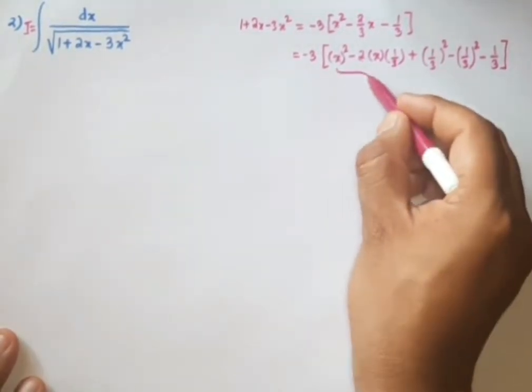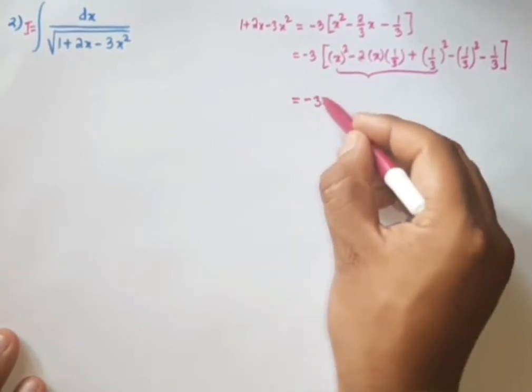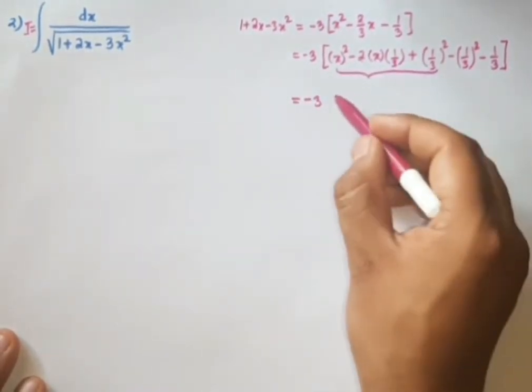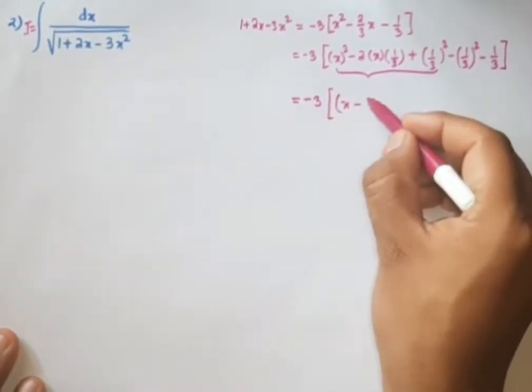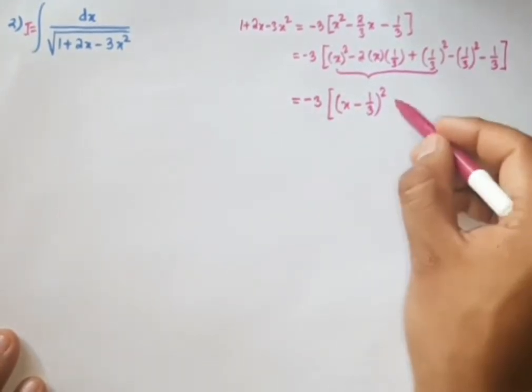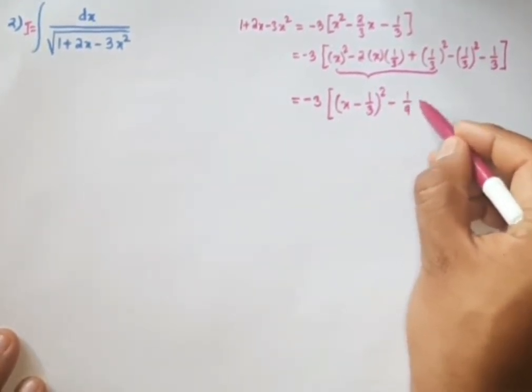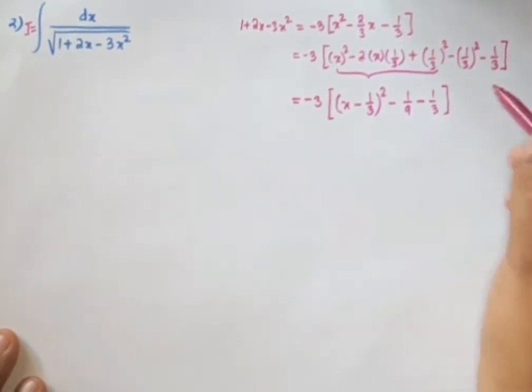Okay, so from here to here is my a minus b whole square. So let us write a minus b whole square out here. So we have a, that is x, minus b. B is 1 by 3, whole square. So this is -1 by 9 minus 1 by 3.